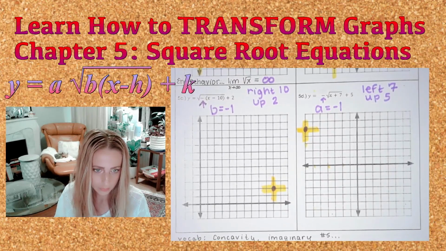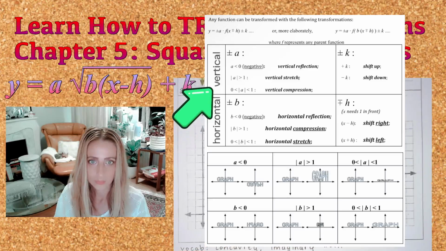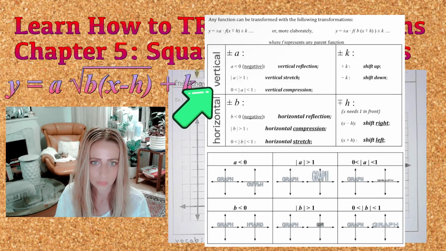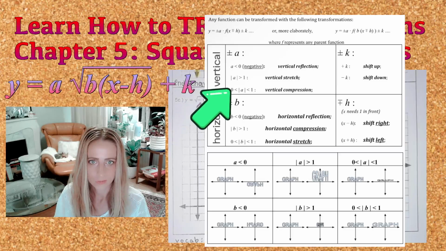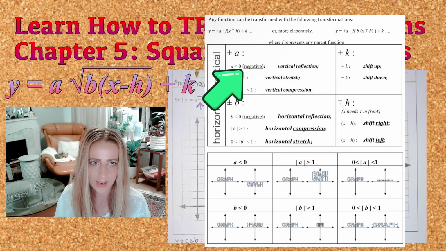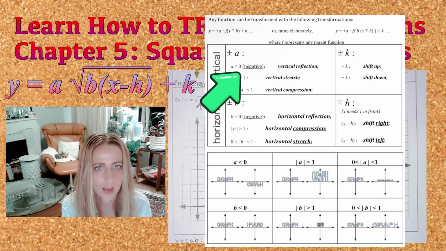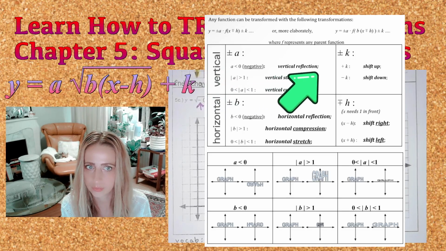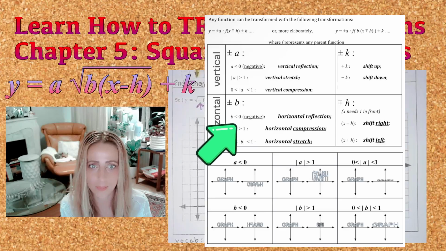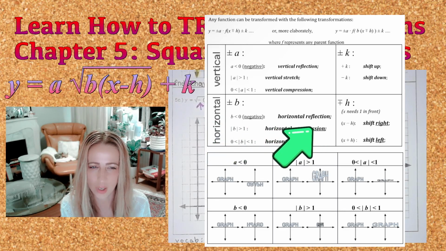But when A is negative, right over here, it's a vertical reflection. When B is negative, it's a horizontal reflection. Well, what does that mean?